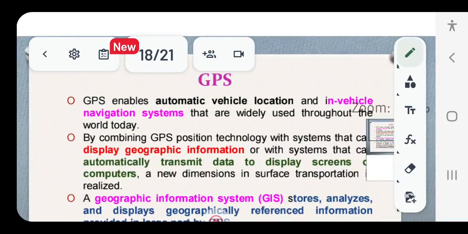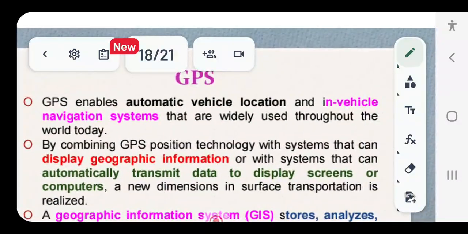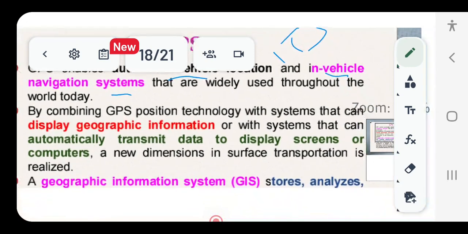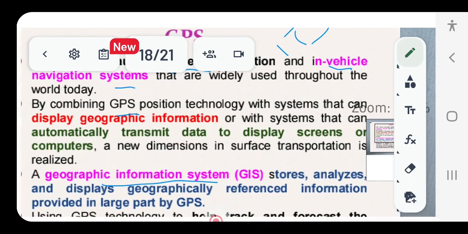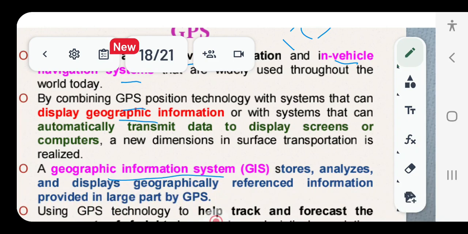The reason why we are discussing GPS is it is part and parcel of ITS, that is Intelligent Transport System, and it enables automatic vehicle location and in-vehicle navigation system, and this is also part and parcel of Geographic Information System, and this can display geographic information with systems that can automatically transmit data to display screens or computers.